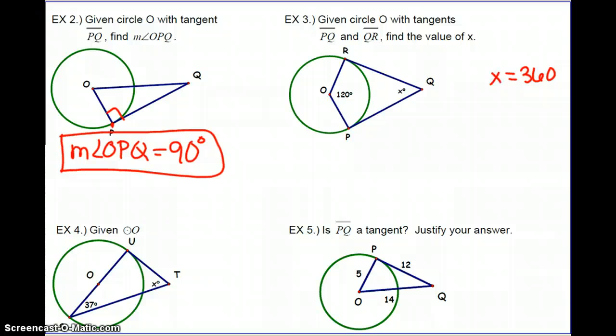They're telling us that one angle is x, another one is 120 degrees. What about these two? Because I have two radii drawn to points of tangency, I know they're both going to be right angles. So when I add those together, 90 plus 90 is 180. When you solve for x, you should have gotten 60.